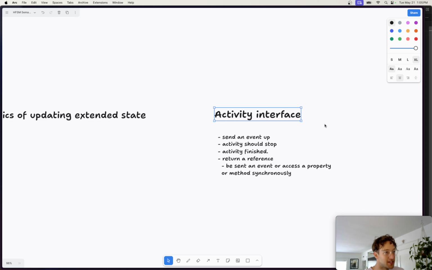I want to be very clear that the activities as defined in StateML are not actors. They may look actor-like because there is some form of event communication, but the actor model has very strict boundaries about what an actor is, right? There's strong encapsulation of memory, asynchronous event communication, and asynchronous message queuing.